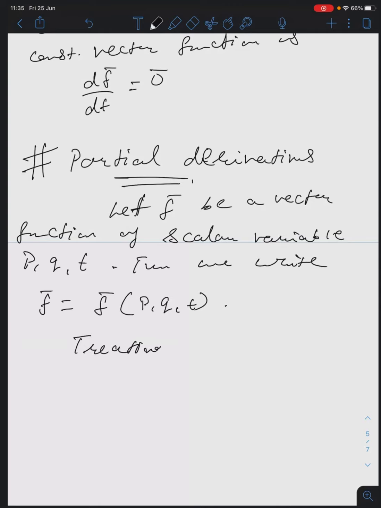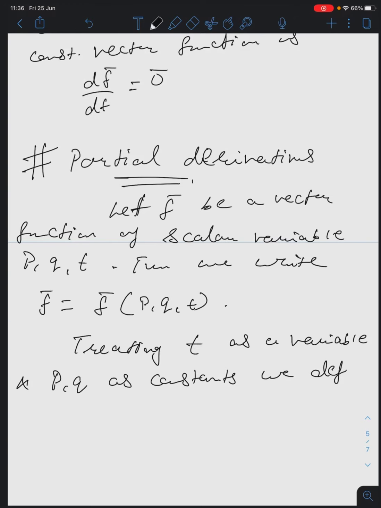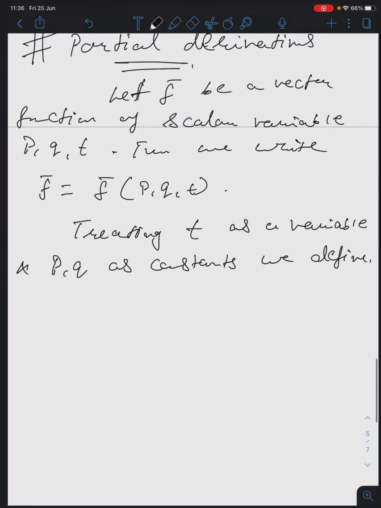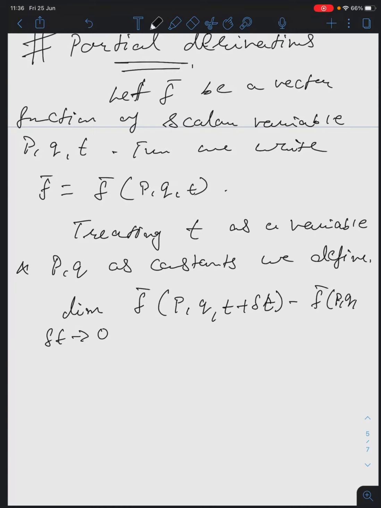Treating T as a variable and P, Q as constants, we define the limit as del T tends to 0 of f bar of what is not changing? P, Q is not changing, T is changing. So f bar of P, Q, T plus del T minus f bar of P, Q, T, divided by del T.